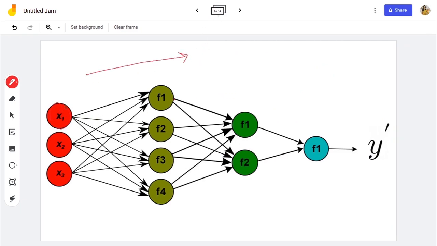You have the inputs and you make it go forward, first to the input layer, then hidden layer, then on and on till you reach the output layer to get the final output that is predicted by the model, Y dash. So since in one way you can see it is moving forward, right? So this moving forward is called the forward feed.